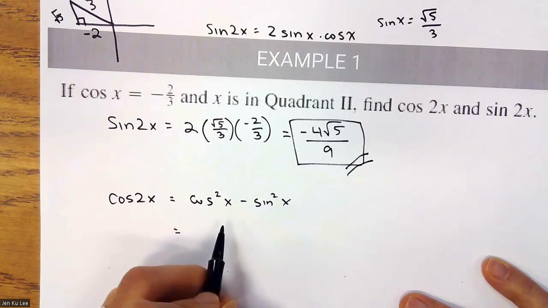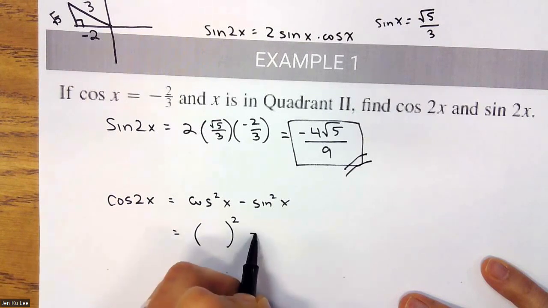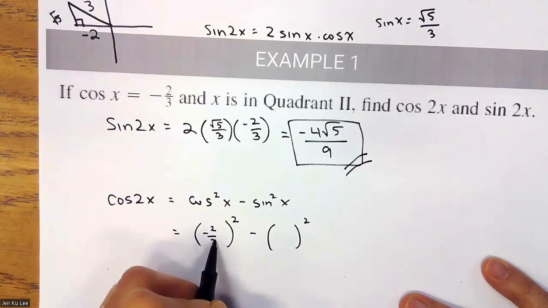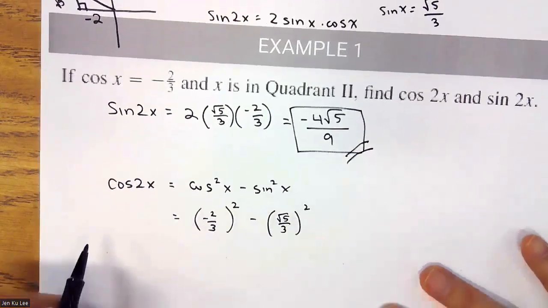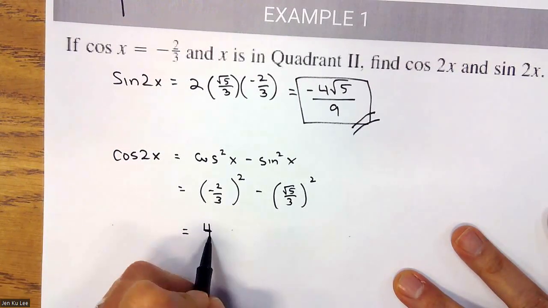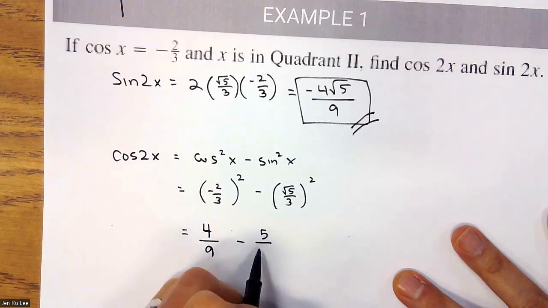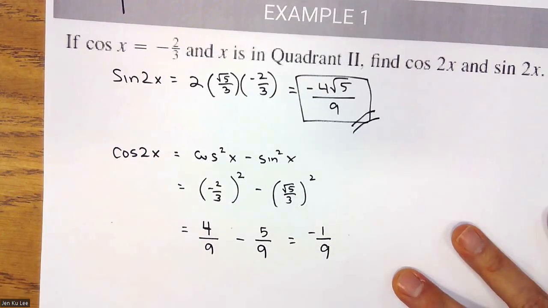Okay, cosine squared x would just be cosine of x squared minus sine of x squared. Cosine is negative 2/3. Sine is square root of 5 over 3. So that would be positive 4 over 9 minus 5 over 9, which is negative 1/9.